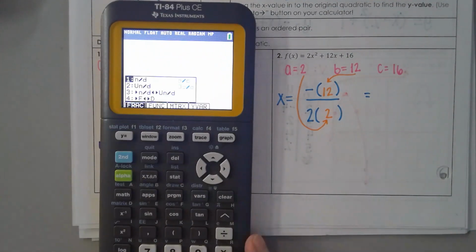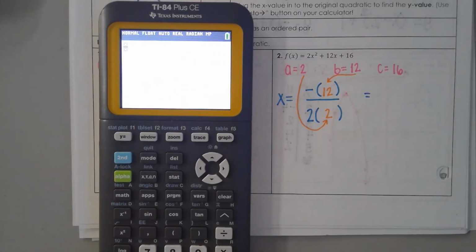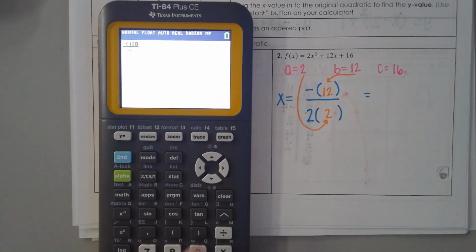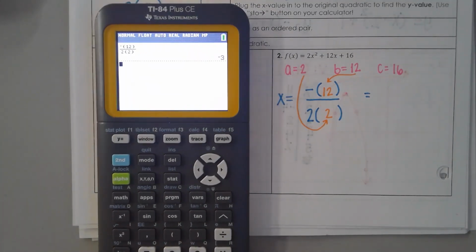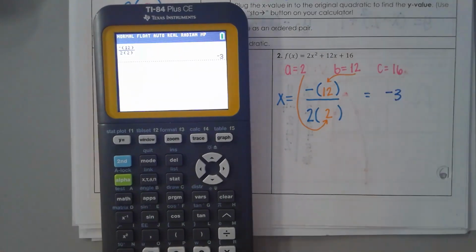That gives me a fraction. Negative, and then I put the 12 in parentheses over 2, and then I put the 2 in parentheses. Yep, -3. So that's the x value.